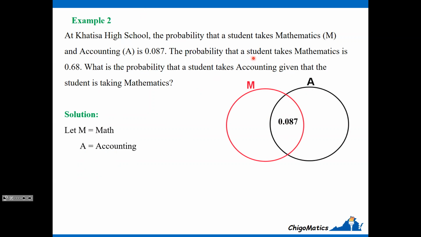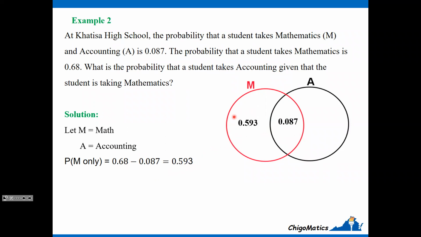So we place that on the intersection. The probability that a student takes mathematics is 0.68. If you look at the mathematics, the red circle, it should be 0.68, but already we have 0.087. That means to find the probability of those who take mathematics only, we need to say 0.68 minus 0.087, which gives us 0.593.